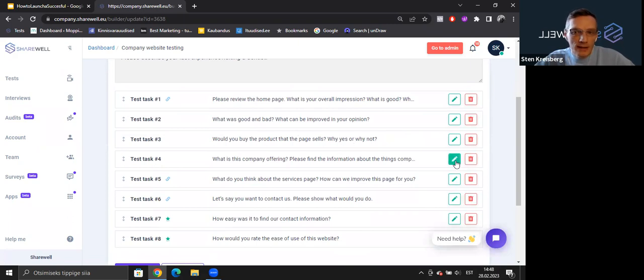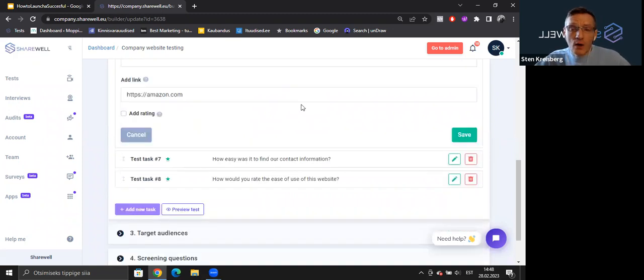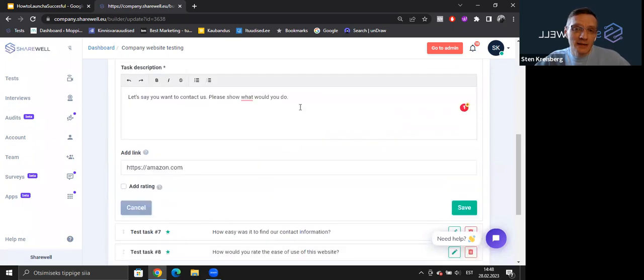You can delete them, and also if you need, you can edit them. So basically everything is customizable. You can do it as you want and launch it exactly for your homepage or for your product. Also, it's possible to test prototypes if you have the prototype in Figma or any other place.